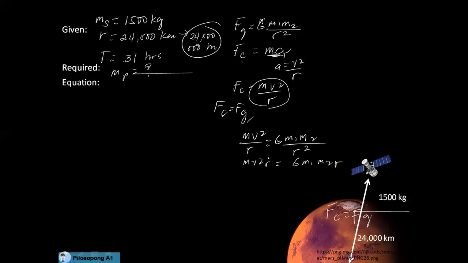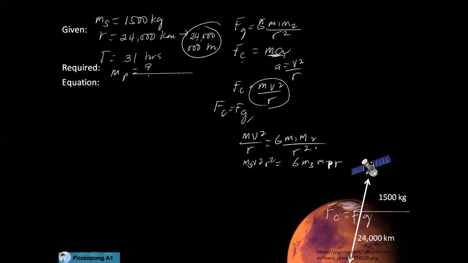This is r squared, sorry. So this is r squared. Now, we have the values of the masses. Mass 1 is actually the mass of the satellite, then mass 2 is the mass of the planet. The centripetal force is acted on the satellite. So this one will become m sub s.